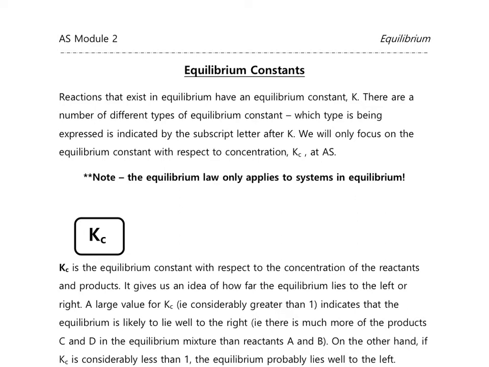Now there are different equilibrium constants. You can have equilibrium constants with respect to concentration, with respect to pressure, with respect to acid dissociation, with respect to separation between different solvents.